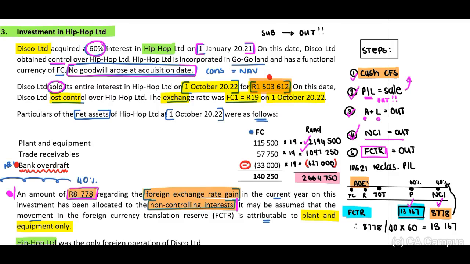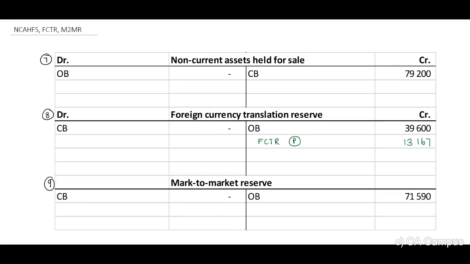Now, our IAS 21 principle indicates to us that the FCTR balance should be transferred to our profit and loss. Therefore, we now need to reconcile this account. If we reconcile our FCTR account, this will be a total of 52767, and on this side 52767, which you do not have to include, the totals. I just do this to indicate to you what is the meaning of reconciling our accounts.